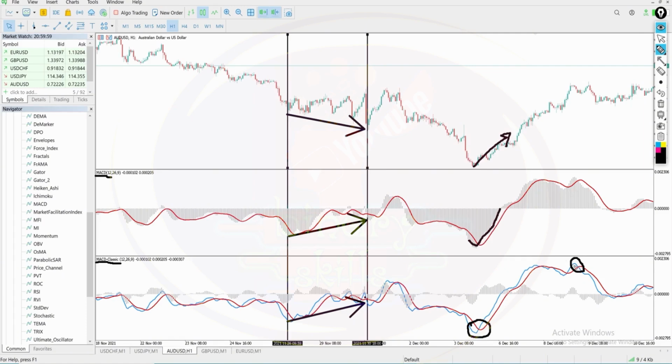Likewise, we see the opposite happening here, where there was a downward crossover. The histogram crossed below, and we see that this resulted in a downward trend, even though it was short-term. So in conclusion, MACD crossovers can be a helpful tool for identifying potential buy and sell signals, especially when combined with other indicators or analysis methods.